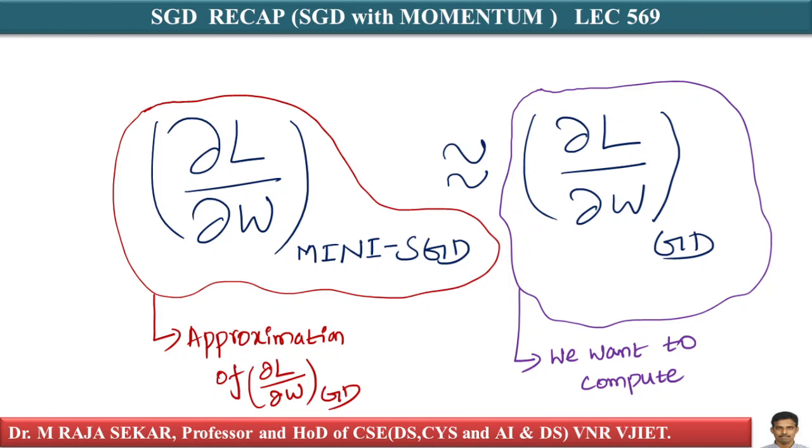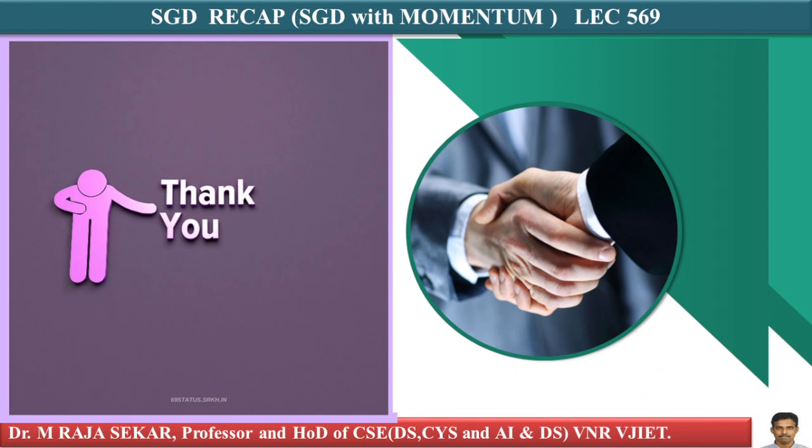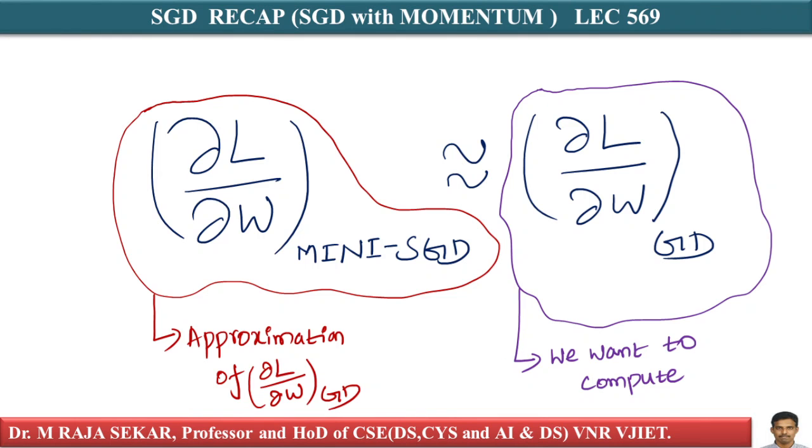So we are using mini batch SGD as an approximation to gradient descent. This is the most important thing about mini batch SGD. It is not perfect, but it is an approximation.